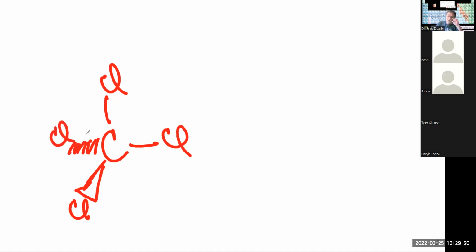Okay, we can see here that we have four polar bonds, and they're all going toward the chlorides because chlorides are more electronegative. Okay, now, what's more difficult to see is that these four polar bonds, because of the geometry, I mentioned earlier that these arrows represent vectors, and these vectors are made up of what are called scalars.